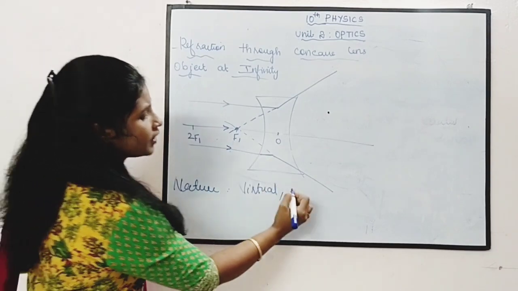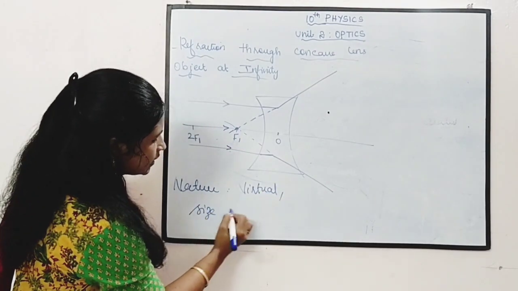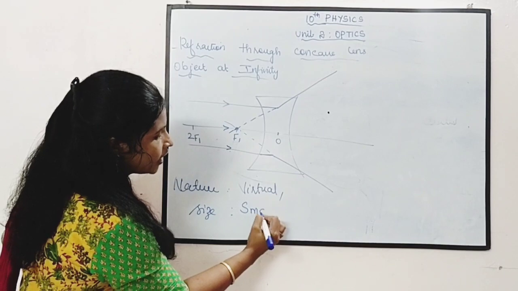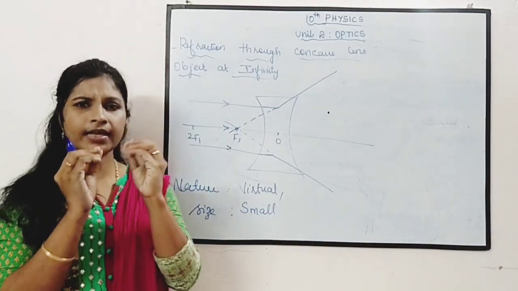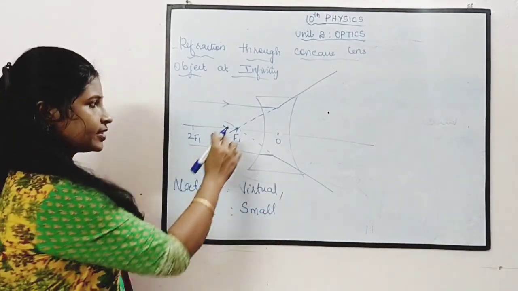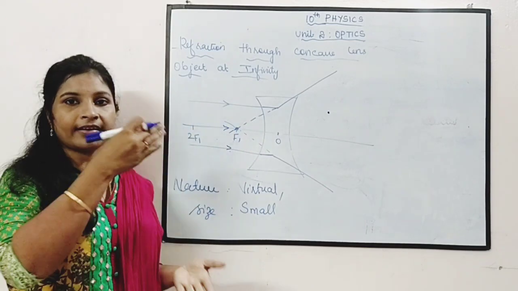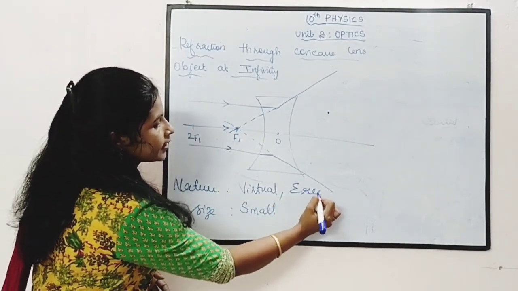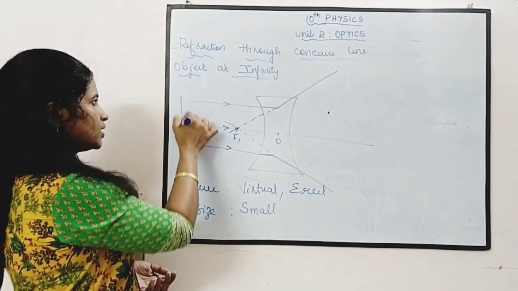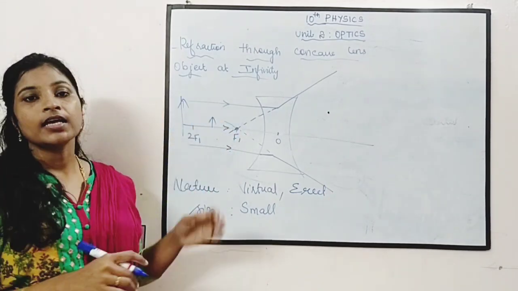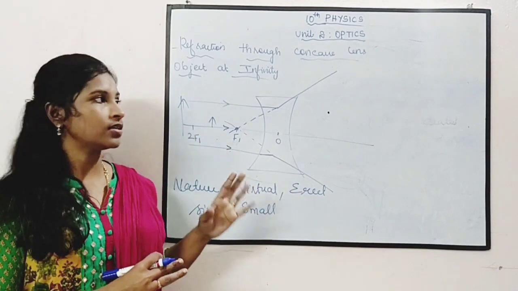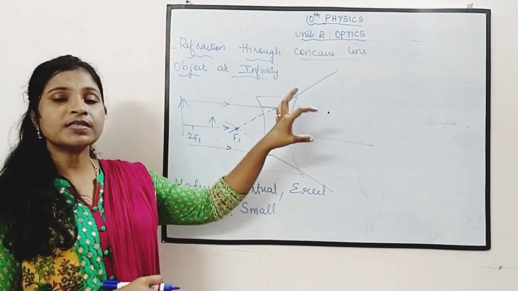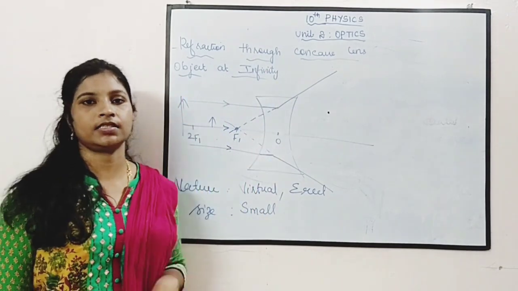Also, the size of the image, when compared to the object, is very small. Also, when we see the image, this image will be erect. So the nature is virtual and erect image. This is in case of when the object is at an infinite distance.